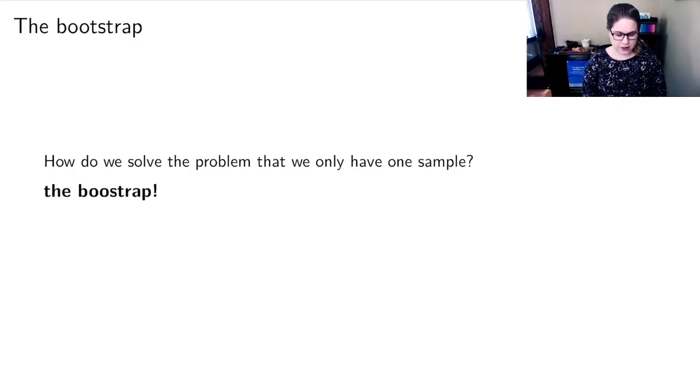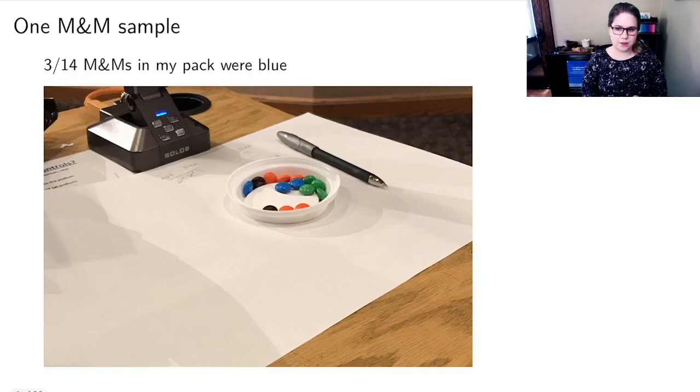The example that I usually give if we are in class together has to do with M&Ms. I am interested in determining what proportion of M&Ms are blue. One thing that I could do is take many samples from the population.